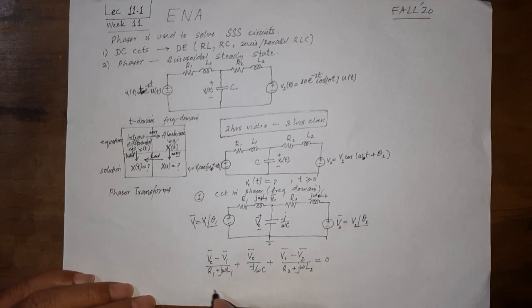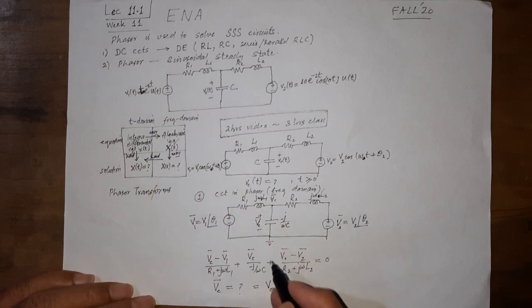Solving this, we can easily find what VC bar is equal to. Suppose it has been solved and ultimately we got some VC magnitude and an angle phi.